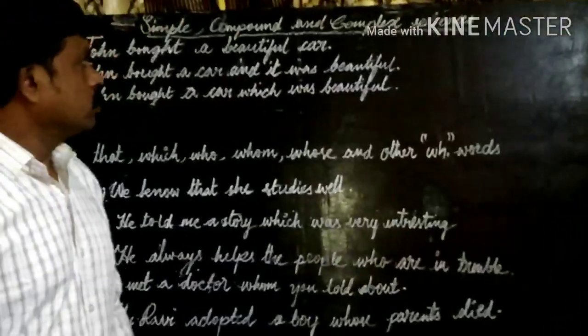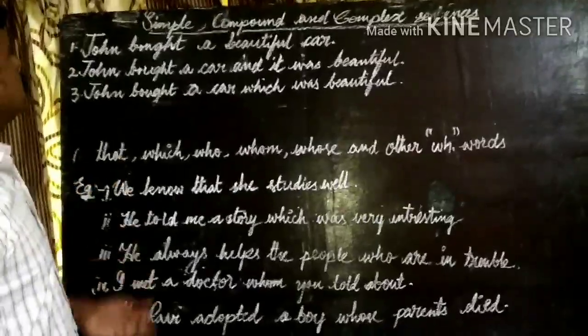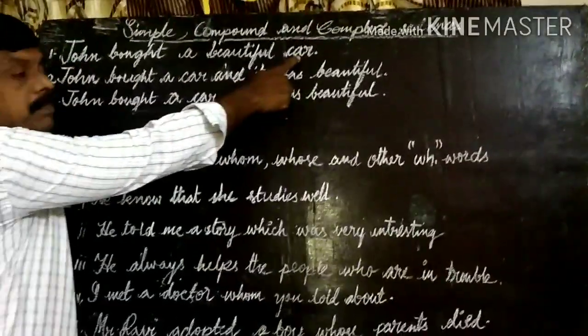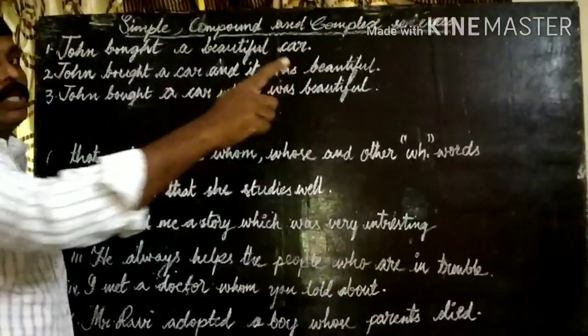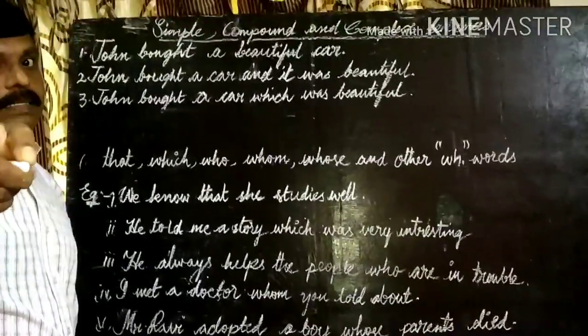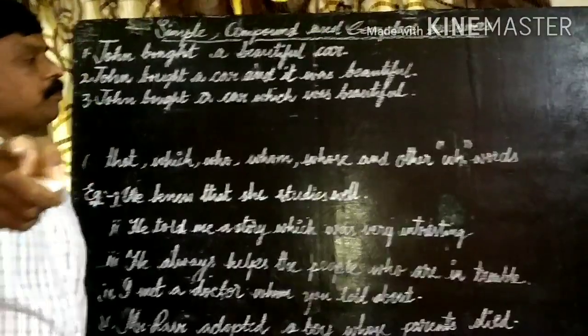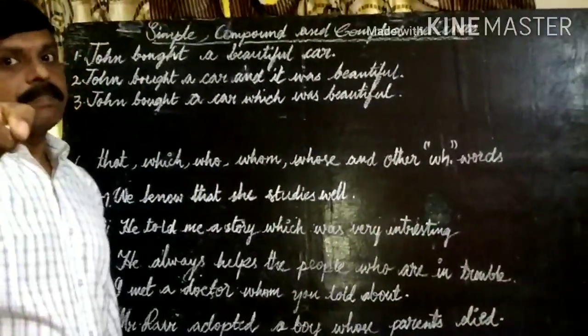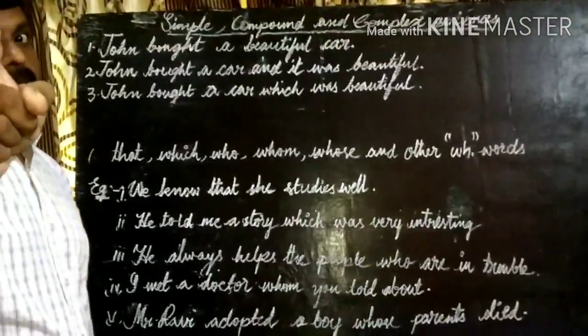Let us go back to our examples on the blackboard. Here, John bought a beautiful car. It is a simple sentence, you know very well. You have learned that a simple sentence is formed with a single subject and predicate, that is, one main clause.